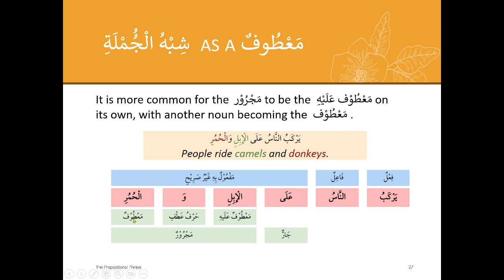So this is the ma'tuf now. Normally we would just say people ride camels and donkeys. We don't go and repeat the ala again. So this is how it will look. You don't repeat the word ala again. Yeah, that's right. This is what he's trying to say.